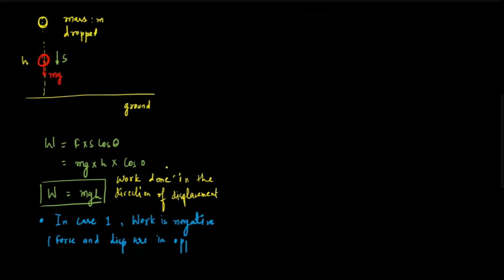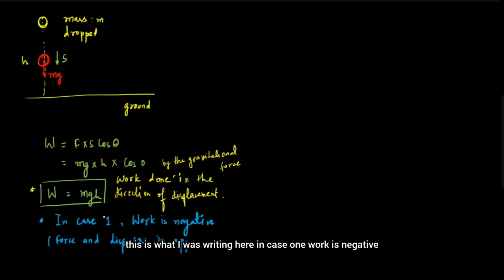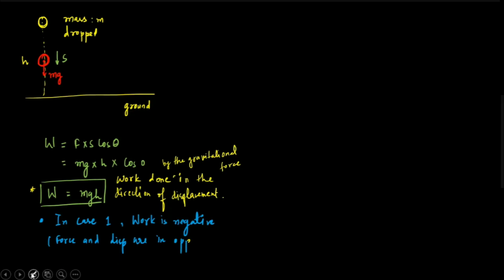Work done by the force, or work done by the gravitational force in the direction of displacement, that side is positive. So this is what I was writing here. In case 1, work is negative because force and displacement are in opposite directions.